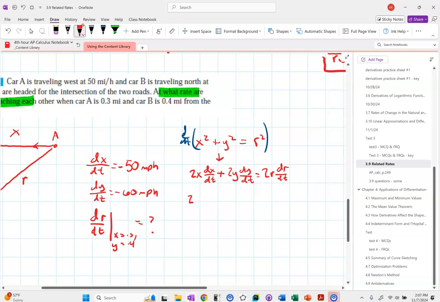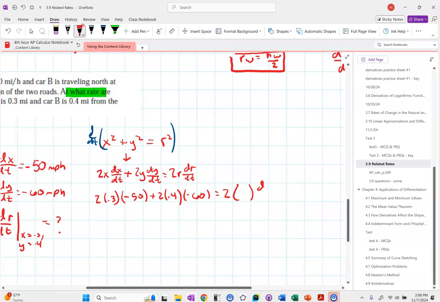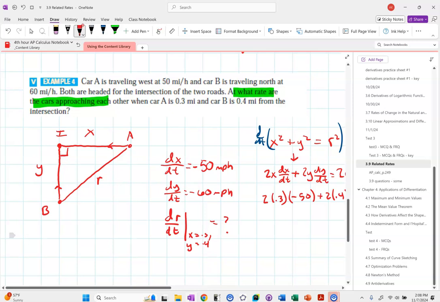Okay. So at this instant, I know x is 0.3. dx dt is negative 50. y is 0.4. dy dt is negative 60. Uh-oh. What's r? We don't know r. Yeah, we can find r at that instant because we know x and y at that instant. So r is just going to be 0.5.